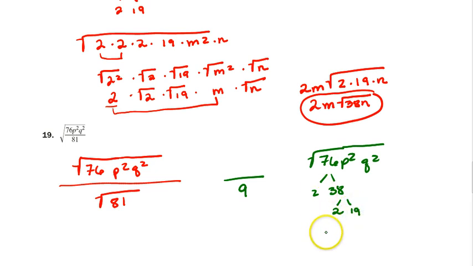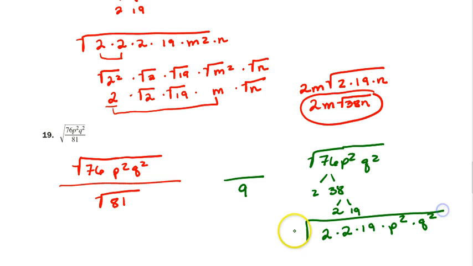So I'm left with 2 times 2 times 19 times p squared times q squared. So I'm finding the square root of this on top of my quotient.